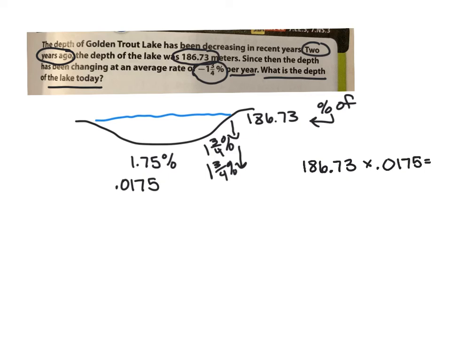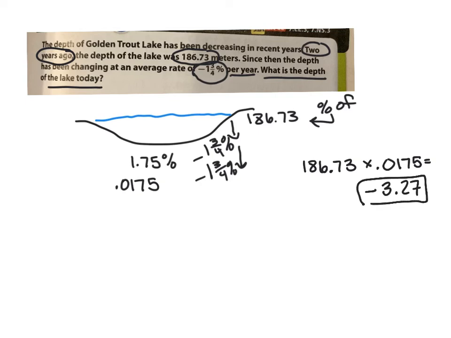Calculator. And the answer you get is 3.267775. Let's round that to the hundredths place. 3.27. That's how much it went down by. Remember, these were negatives going down. It went down by this much.